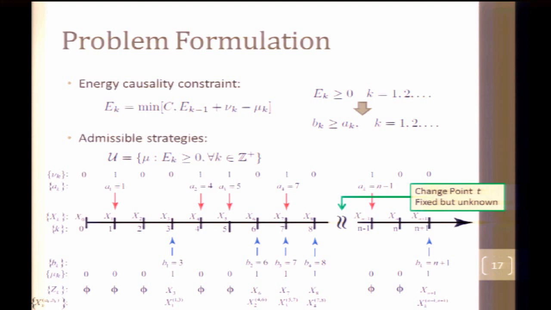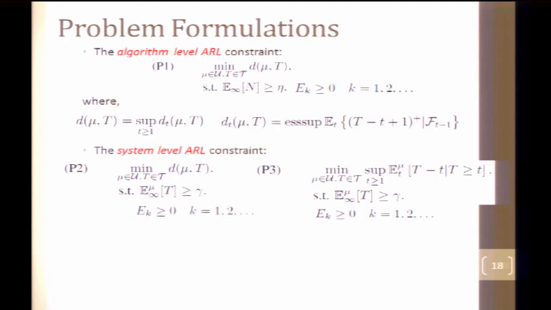Okay? And you also have C is the battery constraint. Hmm? C is the battery. Yes, C is the capacity of the battery. This capacity is limited. So now this is the problem we are trying to solve. Essentially, we are trying to solve the same problem as the classic change point detection problem with this additional constraint.